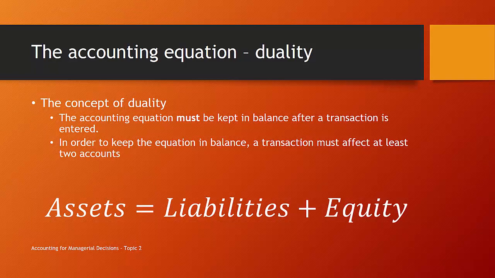Now, there are arguments as to whether or not he was the first one to actually create it, but certainly he gets the credit for it. Double entry accounting has been in place for over 500 years and has worked pretty effectively in that time. So we have this idea of assets equals liabilities plus equity.